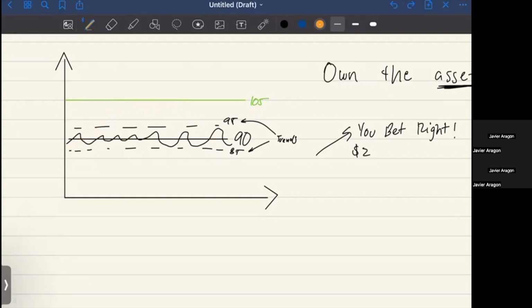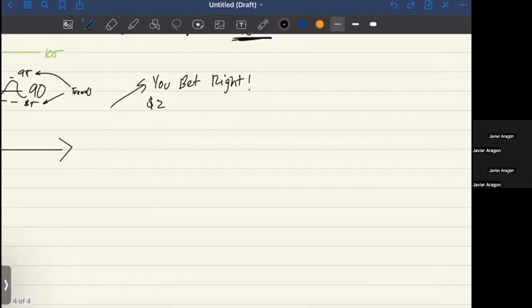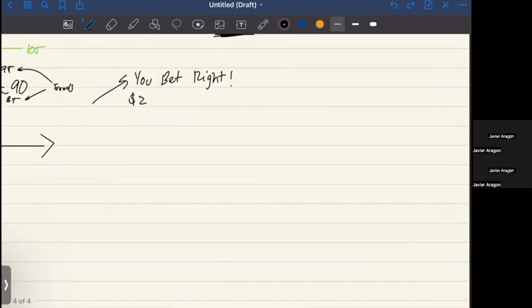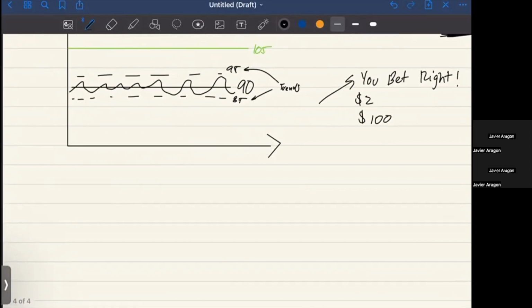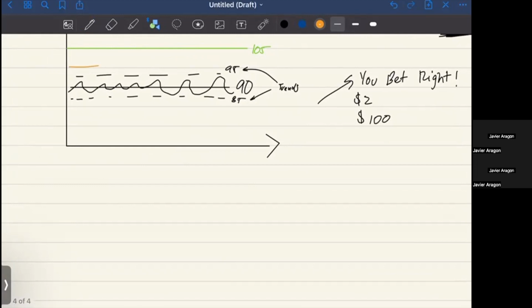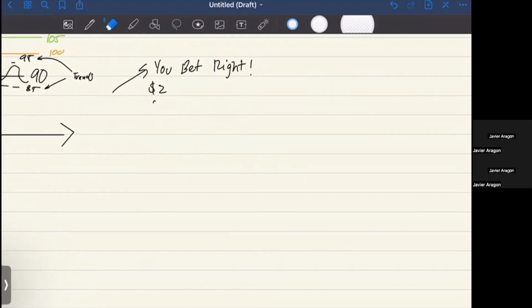So let's say the stock movement goes up to 100. You still gained the $10 from the 100, which is the stock price, and your 90, which is your purchase price.